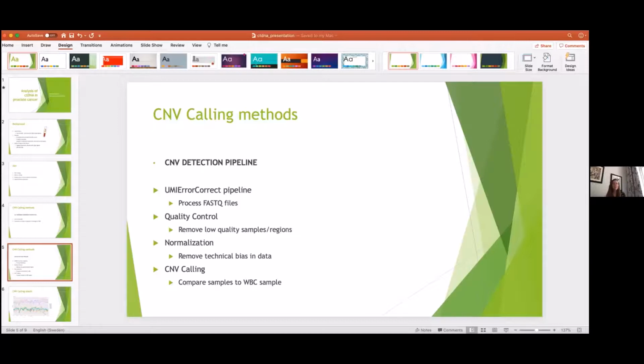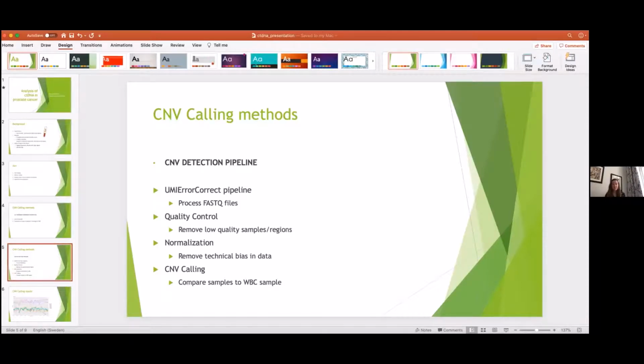And this pipeline was developed by my colleague Tobias Österlund. And here, in this pipeline, reads that have the same UMI and map to the same gene on the reference genome are grouped together. And then we used a cutoff on group size 2, which means that a consensus sequence is made when 2 or more reads have identical UMIs.